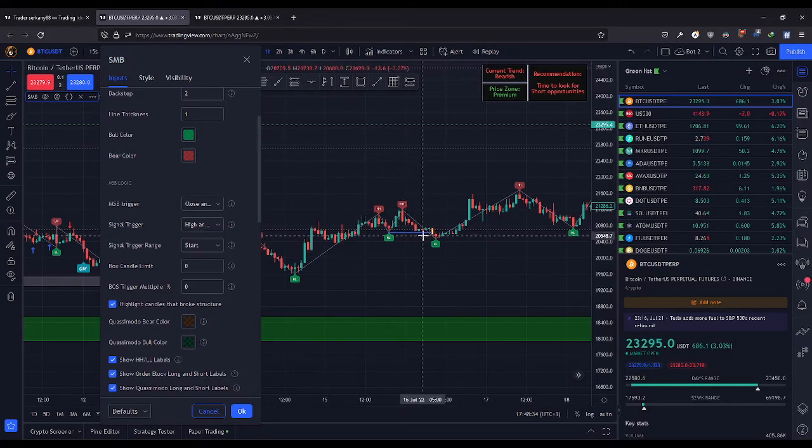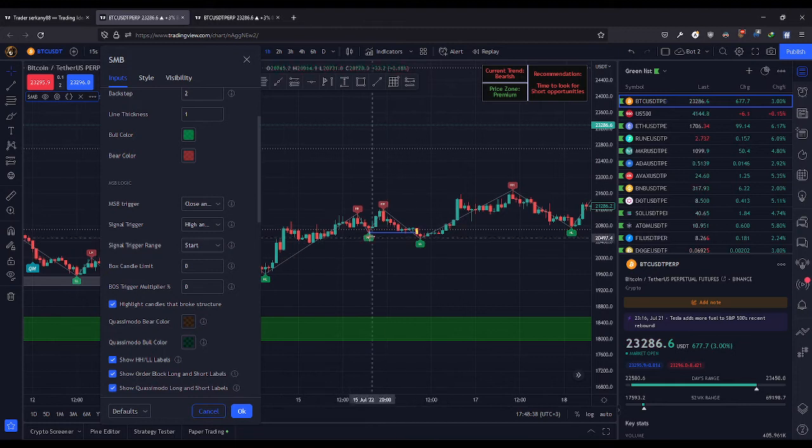At first, this line is going to be blue, which means that this is not an actually approved change of structure, but it could only be a stop hunt and liquidity grab.